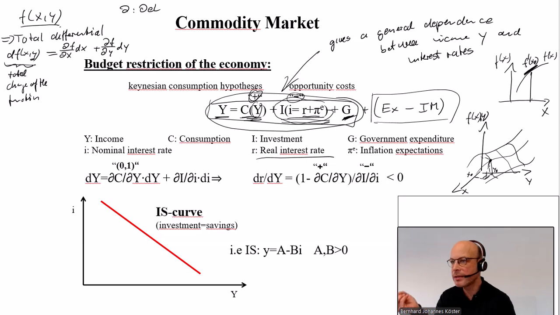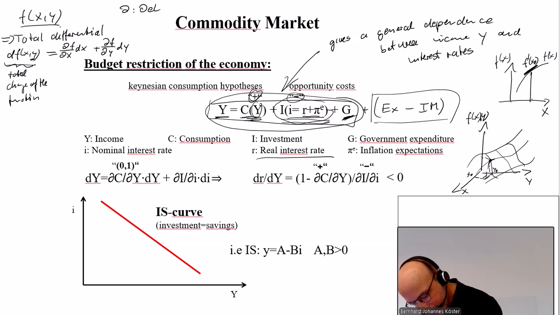This is the value of the function at this point. And then, if I am at the peak of a mountain or somewhere else within the surface, then I go from here in the x direction and in the y direction.